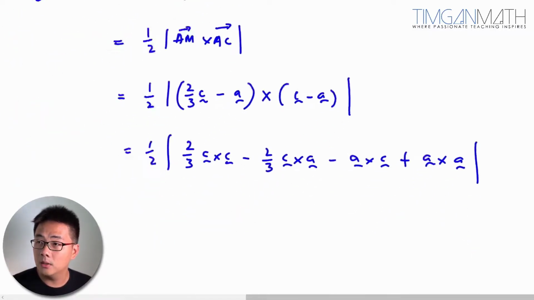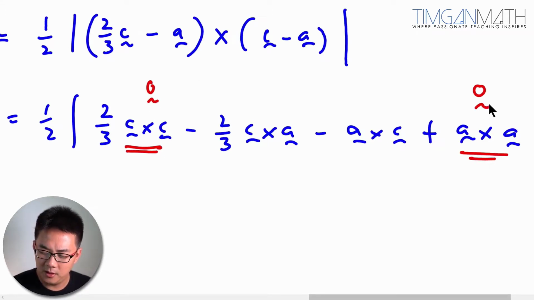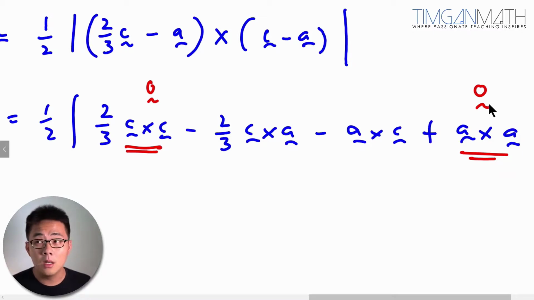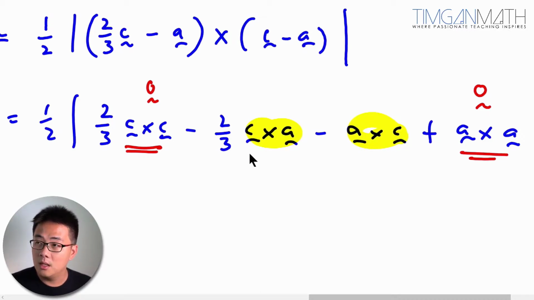Here we know that essentially this one will be zero vector and this will be zero vector. Any two parallel vectors multiplying with each other will just be zero vectors. Now, what you need to take note of is this C cross A and A cross C. They can't interact with each other, so what you need to do is just flip the sign.